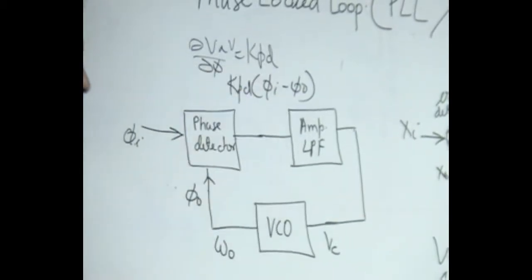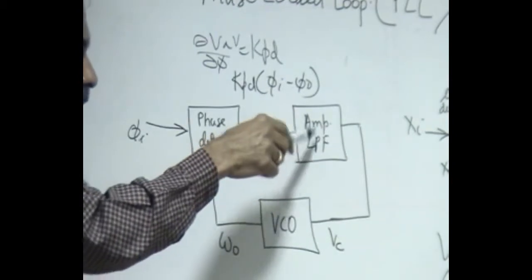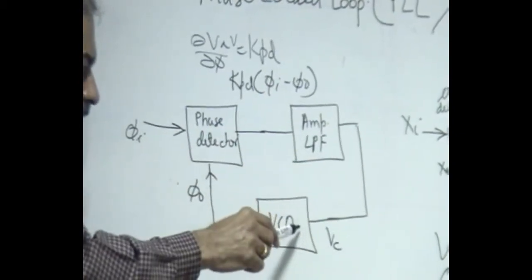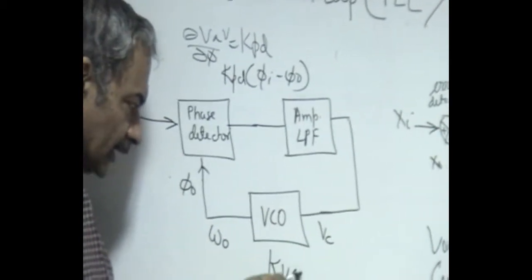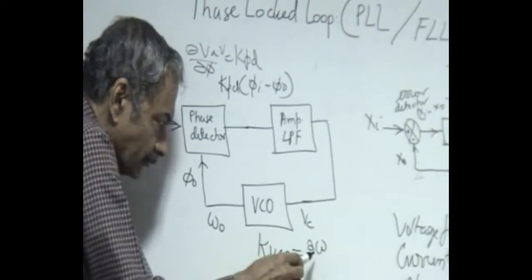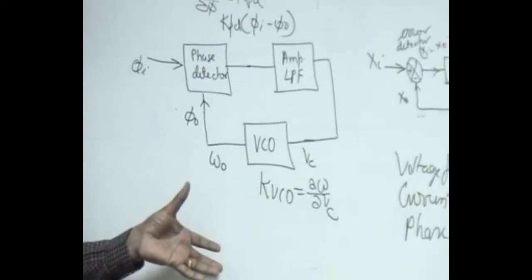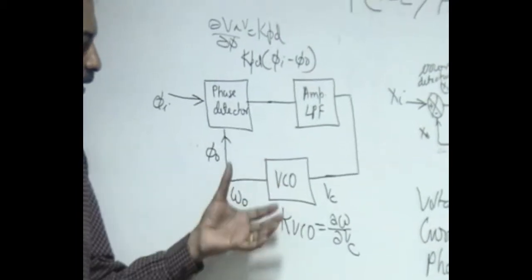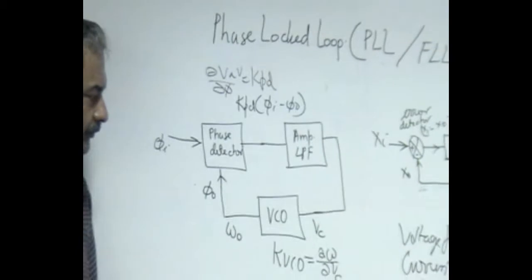Then that average is taken by the low pass filter, amplified by A0 and applied to the VCO input, and the VCO converts it into frequency, where kVCO is delta omega divided by delta V. That also we have defined in the earlier experiment. So how do we find kVCO? It is the change in frequency corresponding to a change in voltage at the input of the VCO.